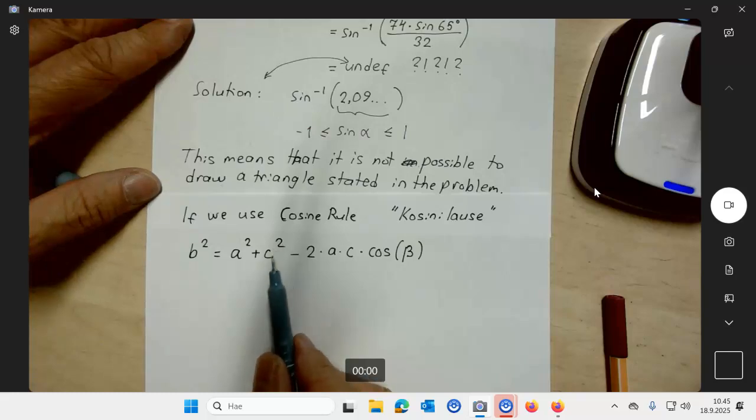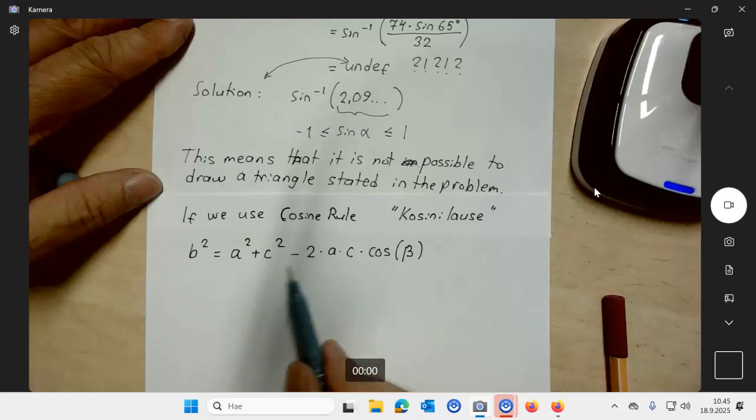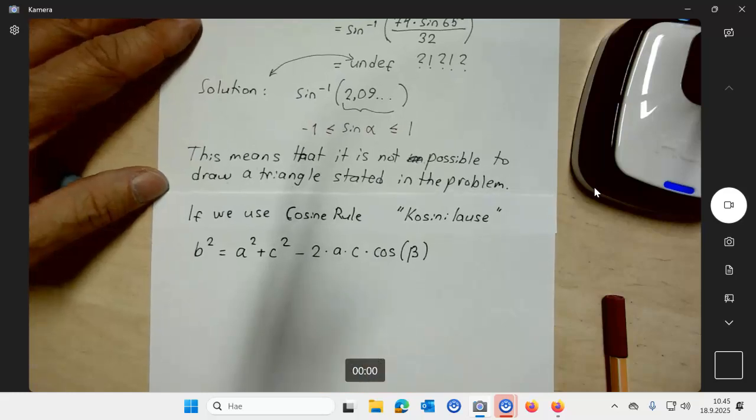Here it is squared, C squared, and here it is without any power or exponent. So there is a second degree term of C and one first degree term of C. How do we solve this kind of problem?